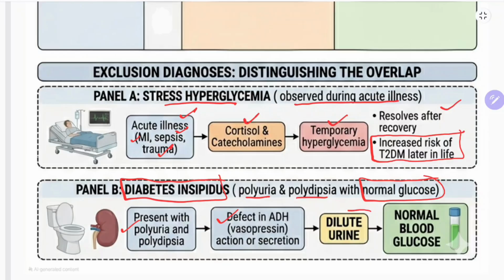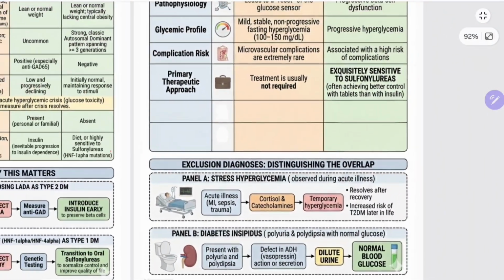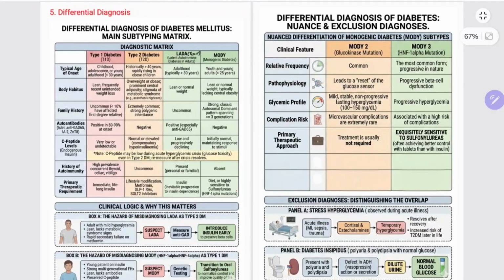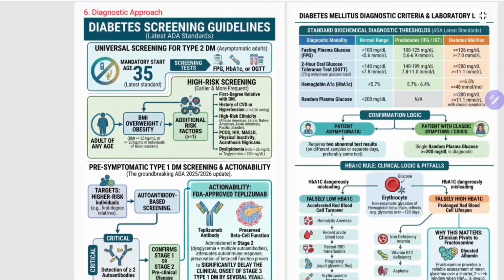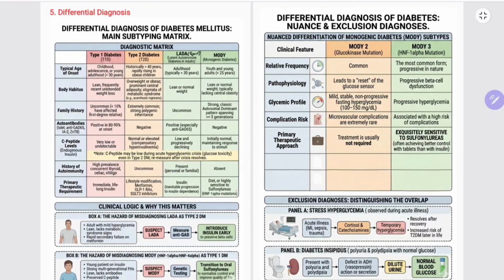So urine will be very dilute and glucose will be normal. So urine osmolality should be checked in these patients. There are some other specific tests for diagnosing this. Just remember that if glucose is normal and there is polydipsia and polyuria, you should suspect diabetes insipidus. Okay, I think this is enough for today.